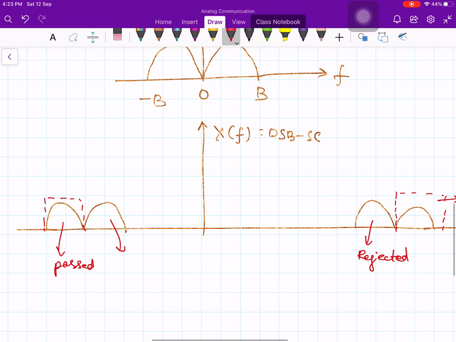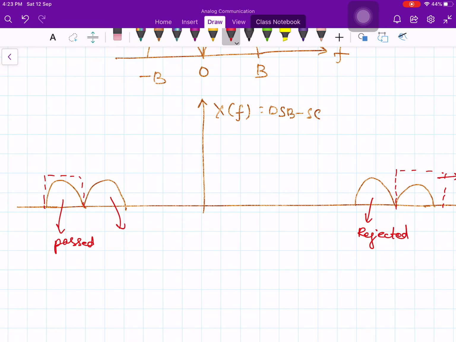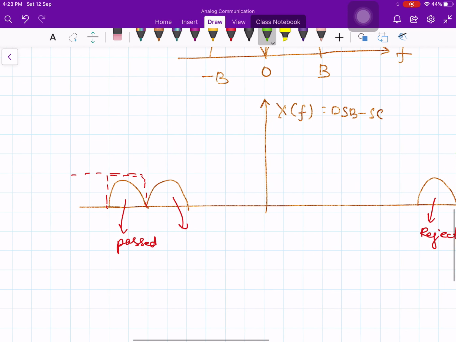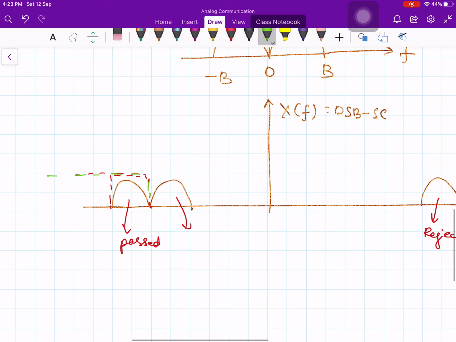Okay, that means if you retain the upper sideband, what kind of sideband filter should you have? The high pass filter. Okay, put a high pass filter like this, like that. Or as per the red line, you put a band pass filter, or you can put a high pass filter.